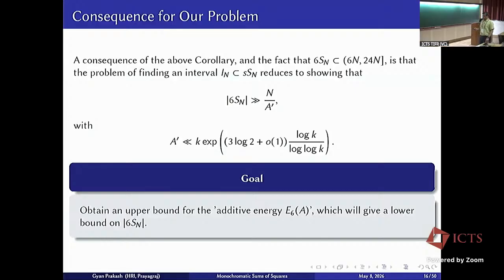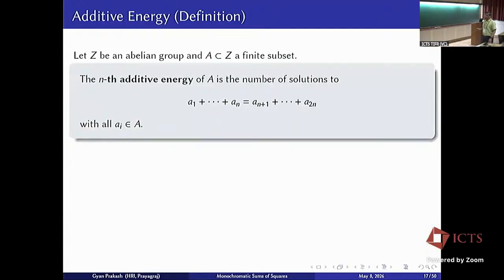That is just a basic Cauchy-Schwarz inequality. Let Z be an abelian group and A a finite subset of Z. In our situation, Z is just the set of integers, which is an abelian group, and A will be just Sn, which is a finite set.